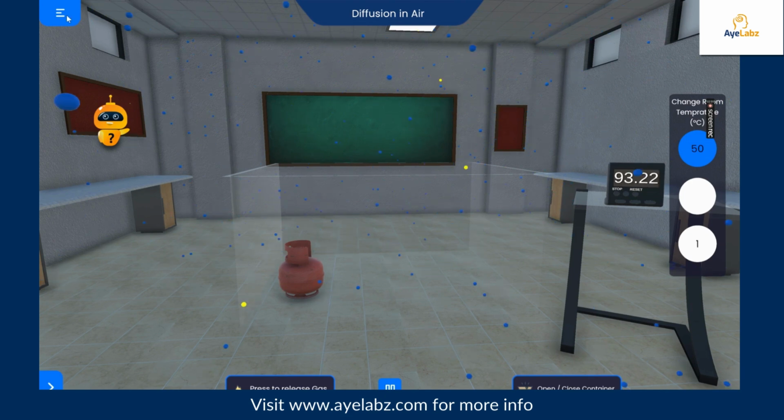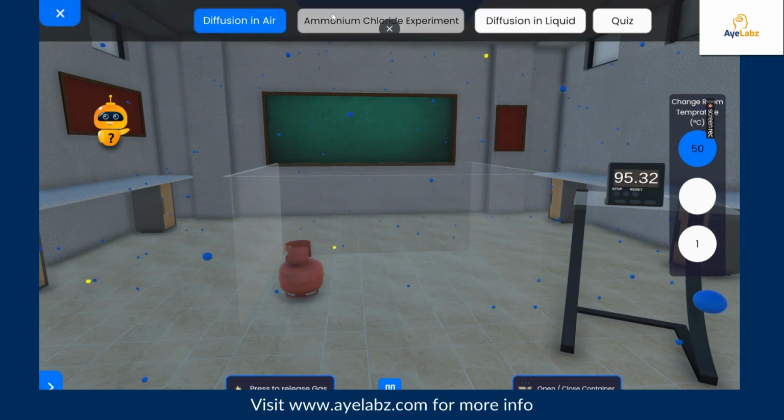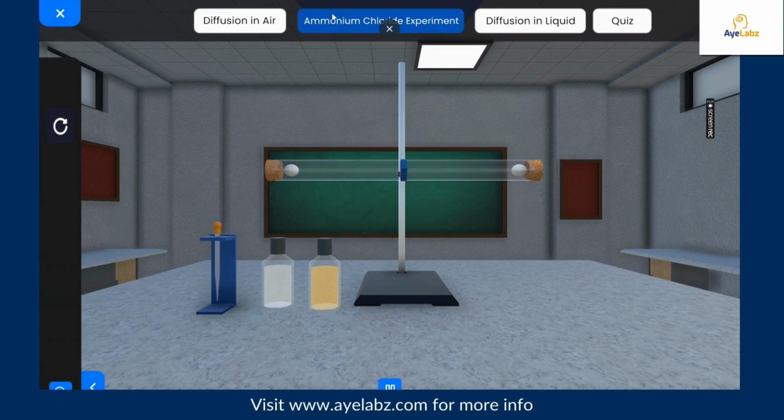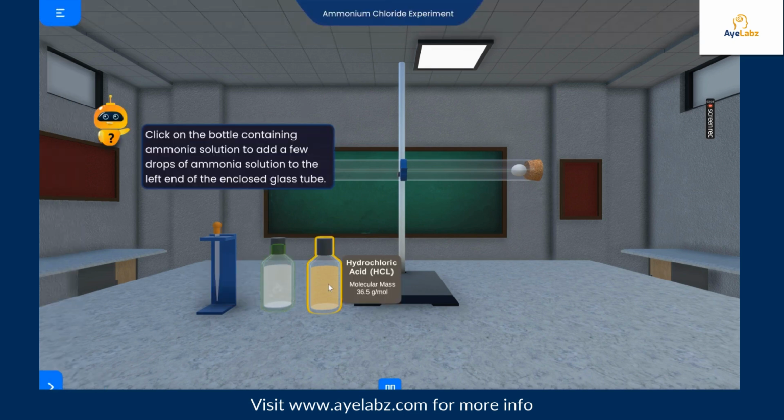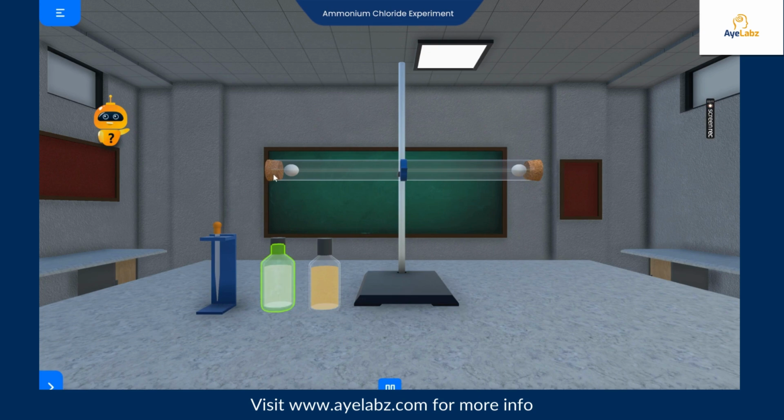Now let's move on to the second part of the simulation, that is the ammonium chloride experiment. Here we have ammonia and HCl. We are going to make ammonium chloride. Before that, observe the cylinder which is attached on the stand.